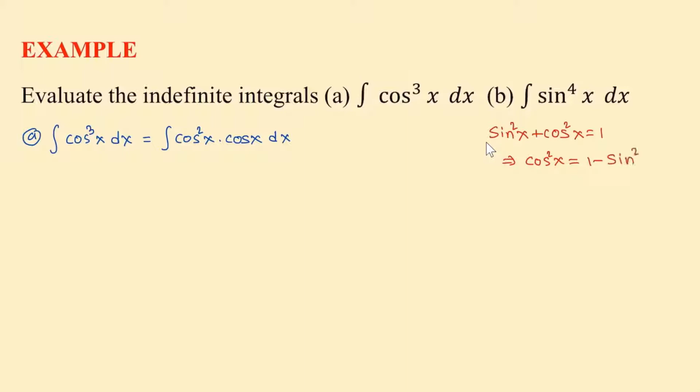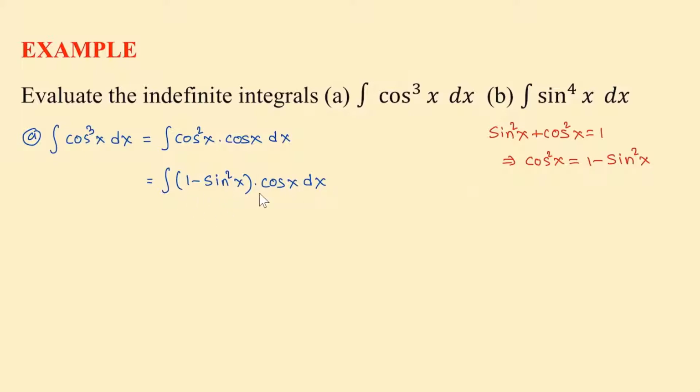So I'm going to replace cosine squared x by 1 minus sine squared x. That is equal to the integration of 1 minus sine squared x times cosine x dx.